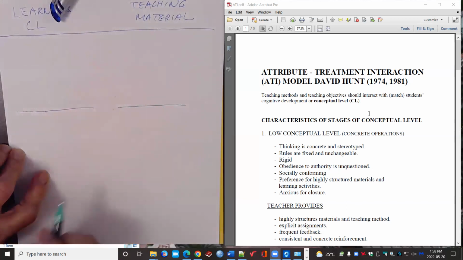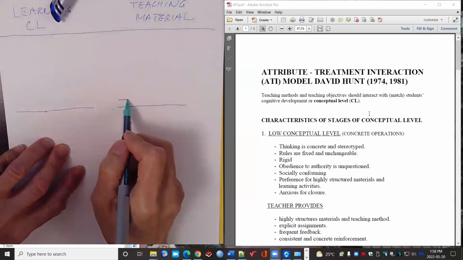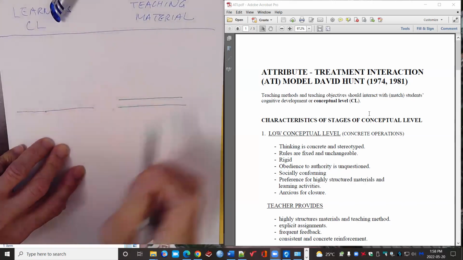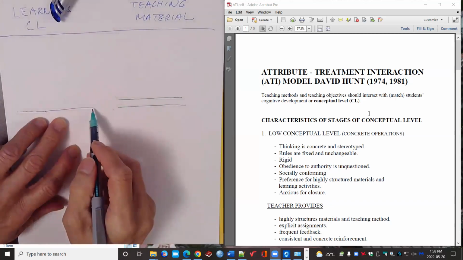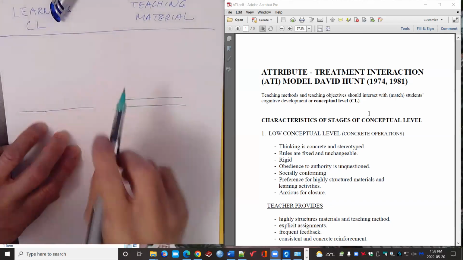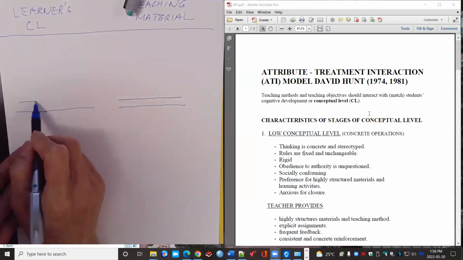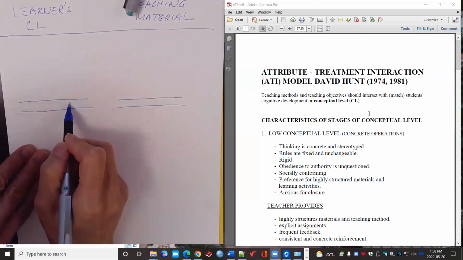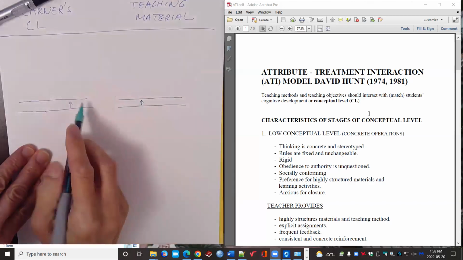And after a while, the mismatching, it goes up to here, but the students are still here. And after a while, the students will want to move up. They move up to here.